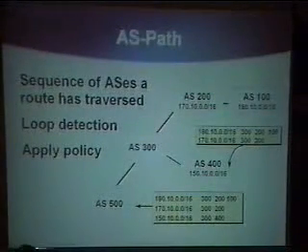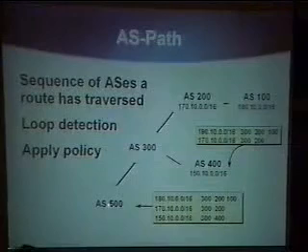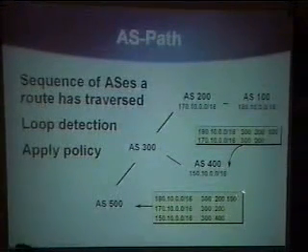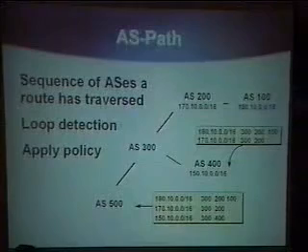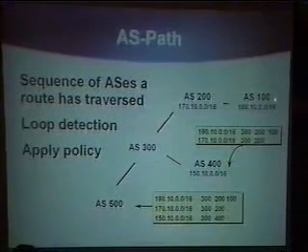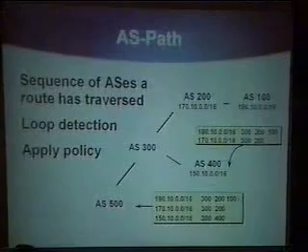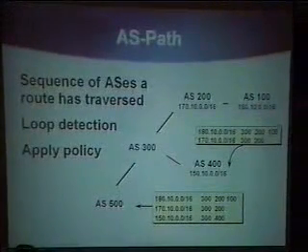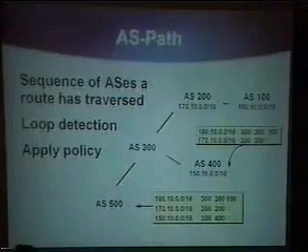So if say 500 announces a prefix back to 100, it sees this AS100 in the AS path, so it won't actually make the announcement back to 100. It will drop the prefix before it's announced. Likewise, AS100, if it hears any prefixes coming from another autonomous system with its own AS in the AS path, it will drop that announcement. It won't even process it. It will drop it before it's even received.